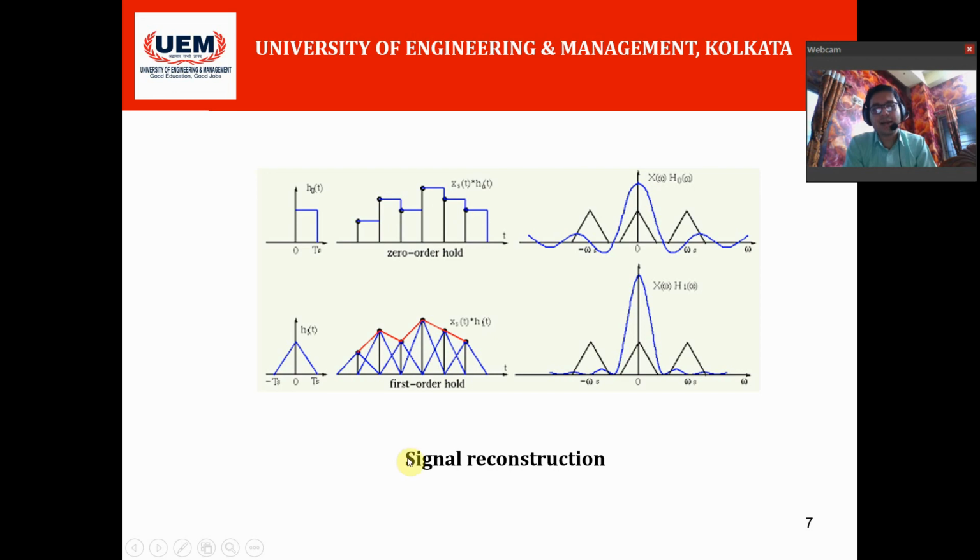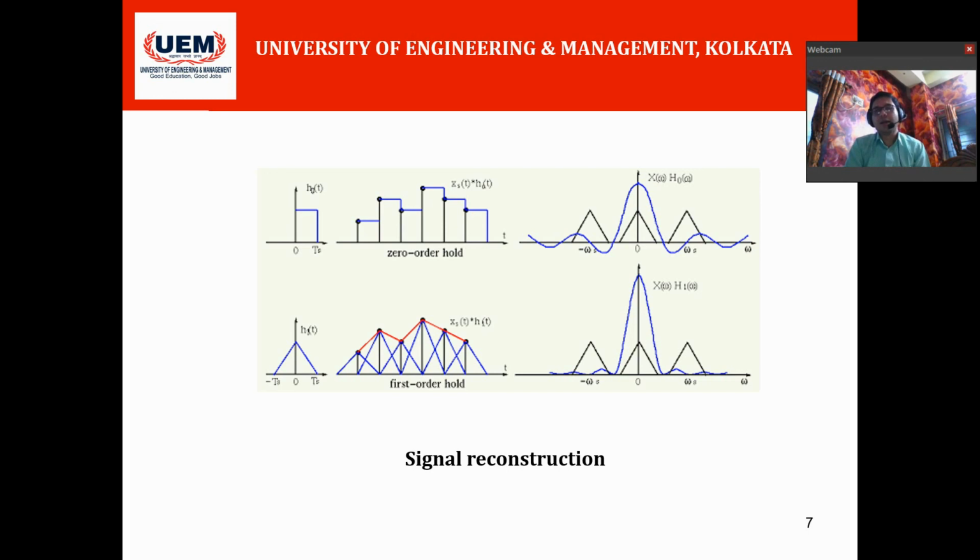You can see that as we increase the hold, that means first order, second order, the better the approximation, and the better the chances that we can actually get back the original signal. So this is basically an approximation technique that we apply over here.